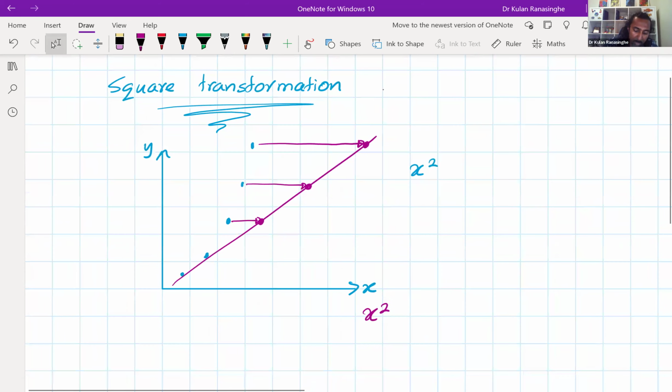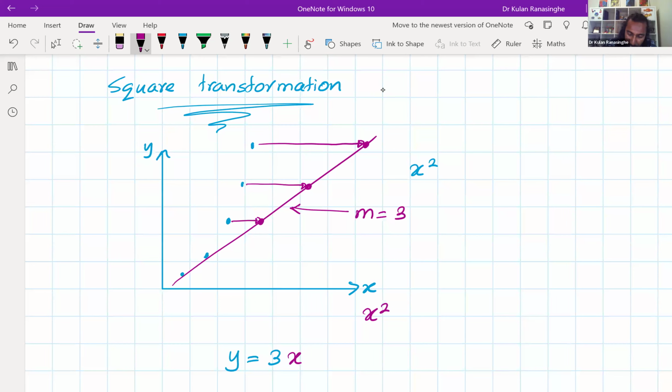Therefore, if I were to find the gradient here, let's say m is 3, then I can write down y is equal to 3x squared, simply because it is against x squared.